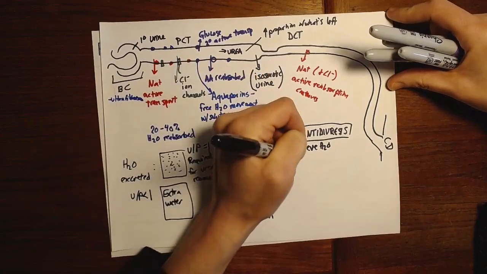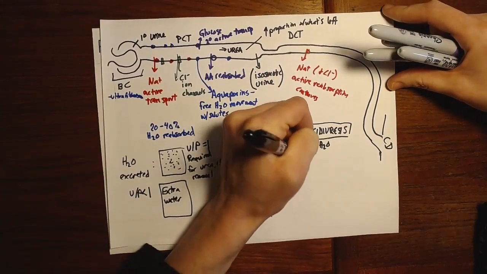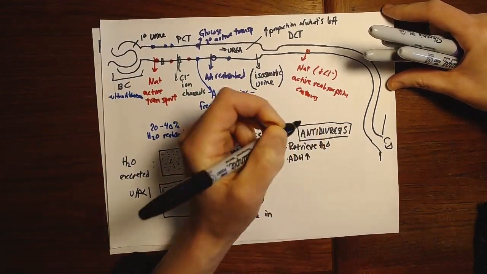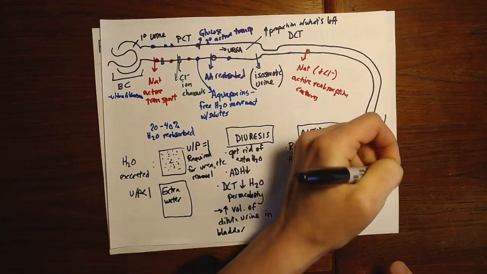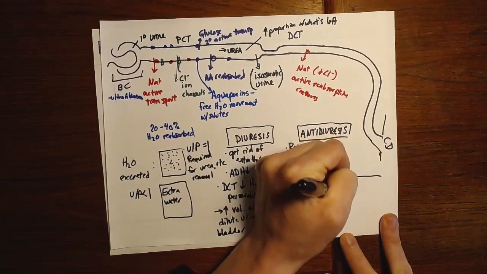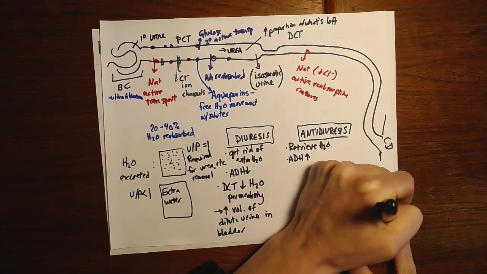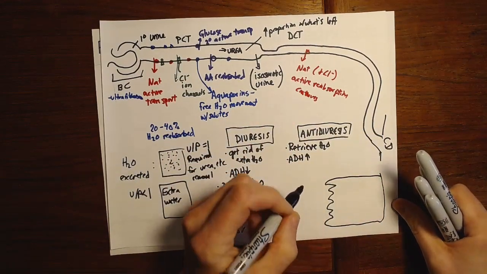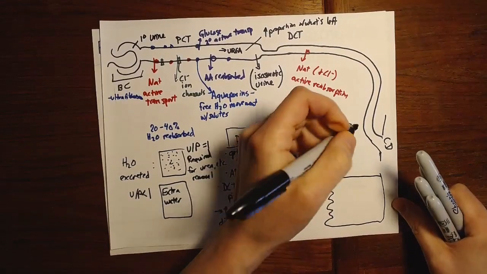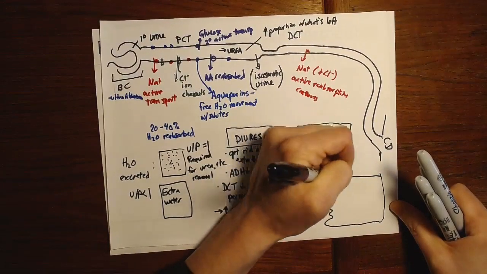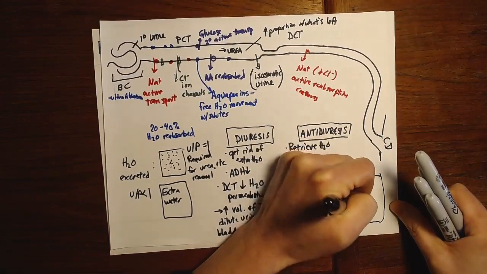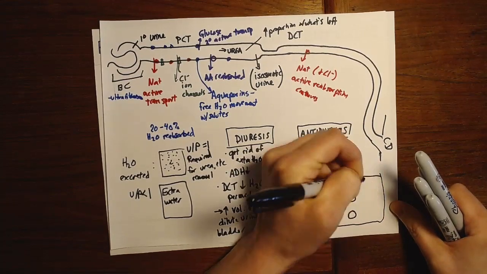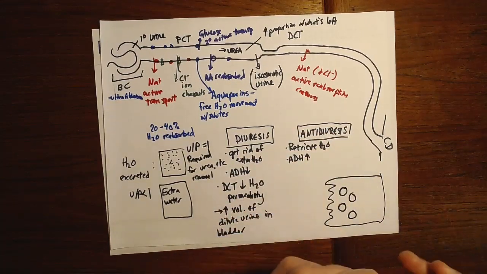So under these circumstances, the ADH levels are going to be higher. And what happens on a cellular level is this. So let me draw a little DCT cell here. Okay. So during diuresis, the cells along the DCT will have aquaporin proteins that are sequestered in vesicles inside of the cell.